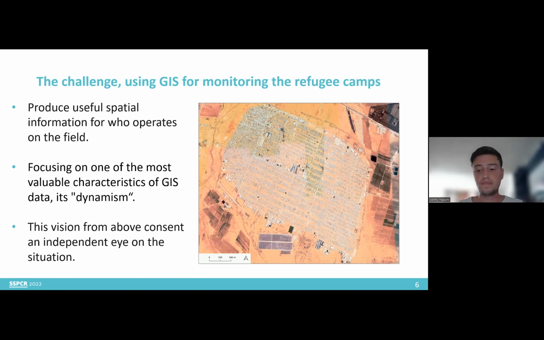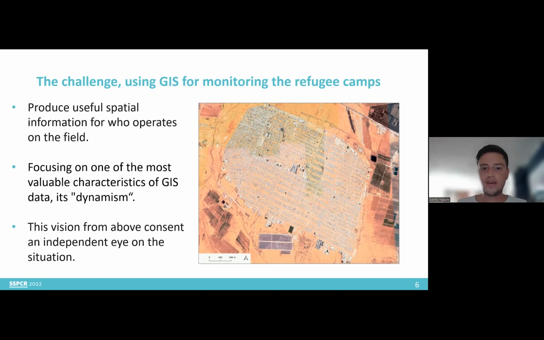I think that it's important to understand that GIS data can be compared and overlapped with other data, so it could be used in a broader way than just the aerial data of a certain surface. And also this vision from above gives, in our framework, an independent eye on the situation that is not really common in the field of study that we are going to work in.